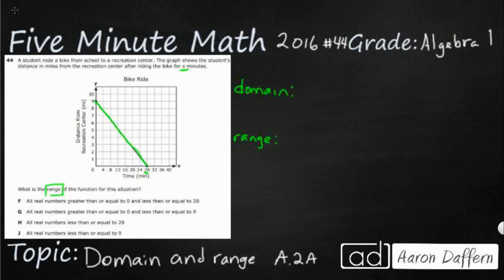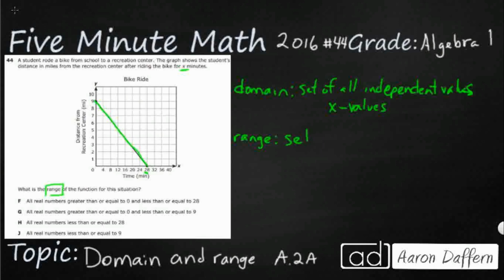The domain is going to be the set of all independent variable values. Typically, we're going to call those our x values, and in this problem, they are the x values. Sometimes they replace the x with a u or a t or whatever the problem needs. So we're not necessarily needing the x values. What we need here is the range.